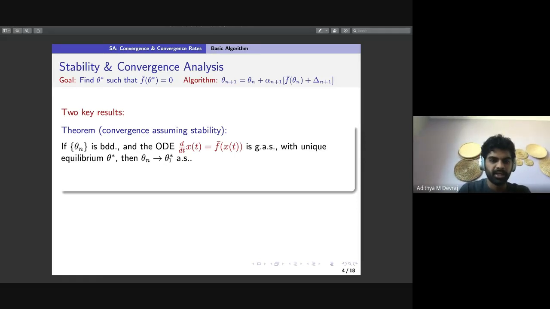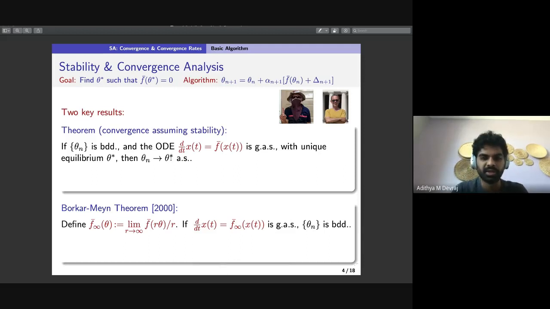There's another result, which is slightly more recent. What Borkar and Meyn in their 2000 paper showed is that if you look at the ODE of the scaled function f bar infinity of theta, and this ODE is globally asymptotically stable, then you also get boundedness of the parameter estimates. So basically, all you have to do to establish convergence of a stochastic approximation algorithm is to establish the stability of these two ODEs, and then you're done.